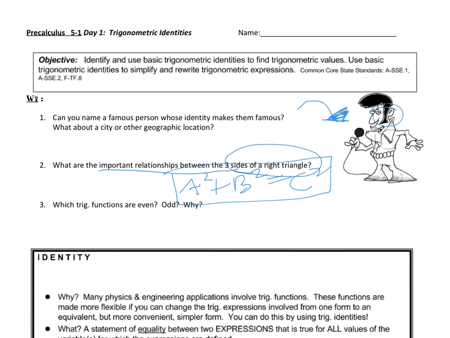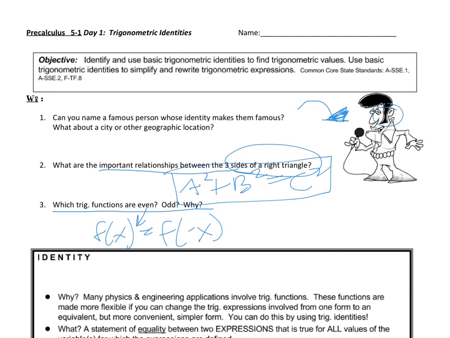Another thing that is important to know for this lesson is what an even function is. I'm going to put that right here: f of x is equal to f of negative x, the function when you put in the opposite value. For instance, x squared: if you put in 2 and you put in negative 2, you get the same output.